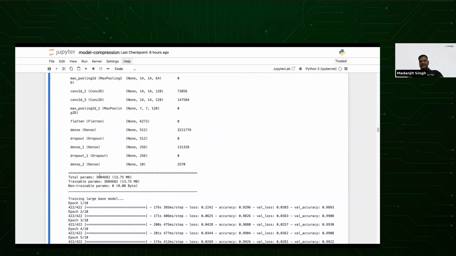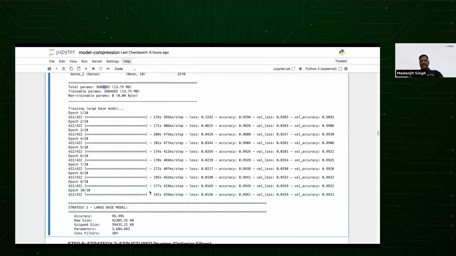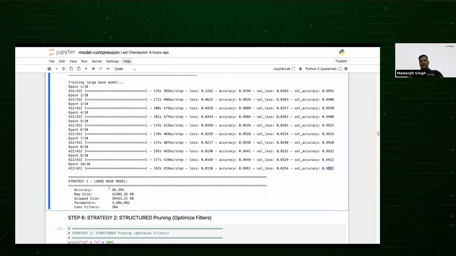These are 3.6 million parameters, which hold around 13.75 MB of space. After 10 epochs of training, the training accuracy is 99.61, and the validation accuracy on 6,000 samples is 99.23, because I have taken 10% from training itself for validation. So the accuracy you can see is 99.4%, which is very good.